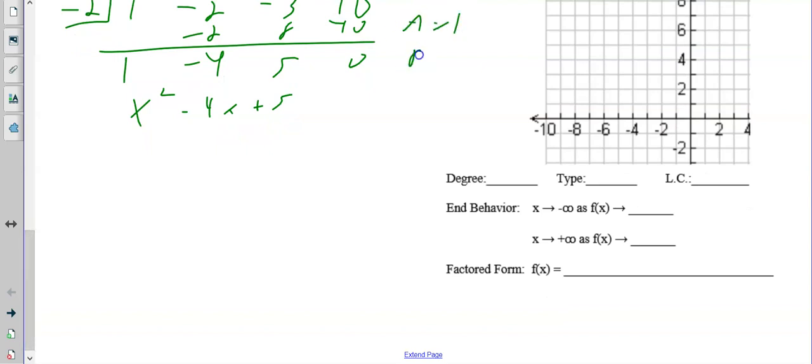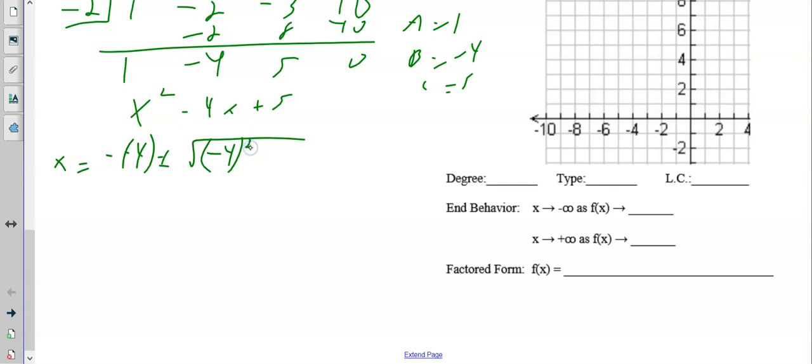A is 1, B is -4, and C is 5. X equals the opposite of B, plus or minus the square root of B squared, which is going to be positive 16, not negative 16, minus 4 times A times C all over 2 times A.